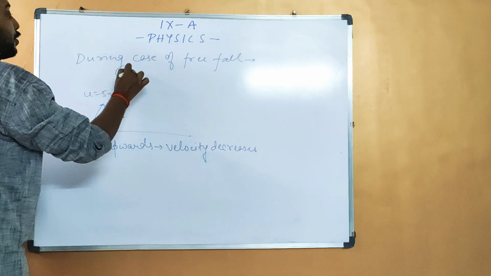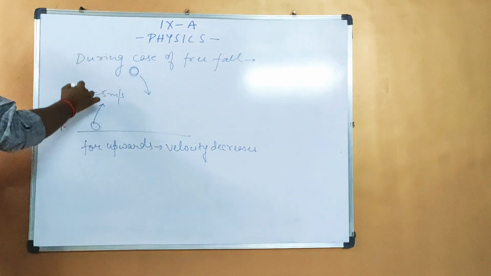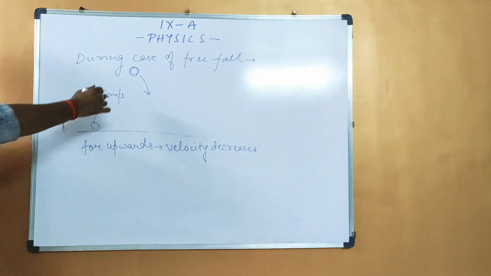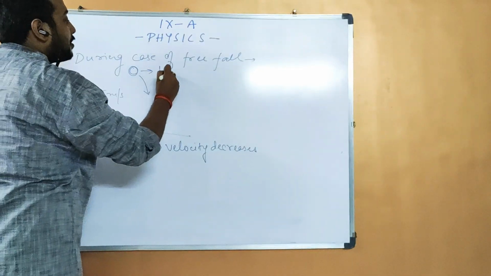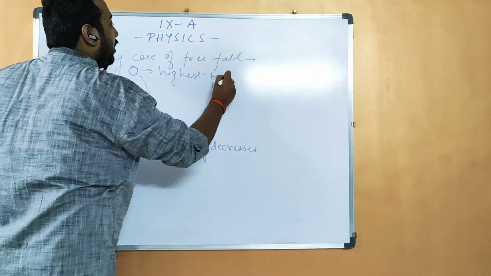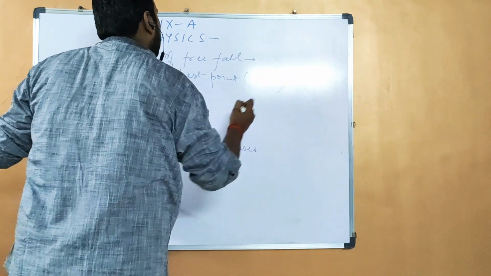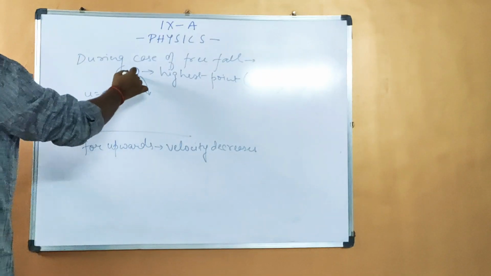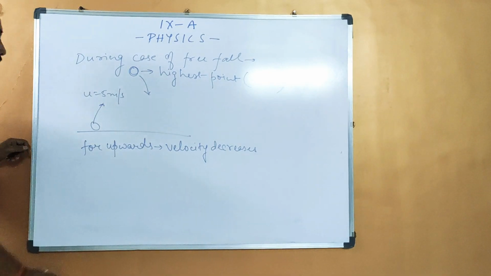Therefore, it will go to some point and then come back down. At the highest point, this is the thing I want to teach you all, the velocity of the body is equal to 0.